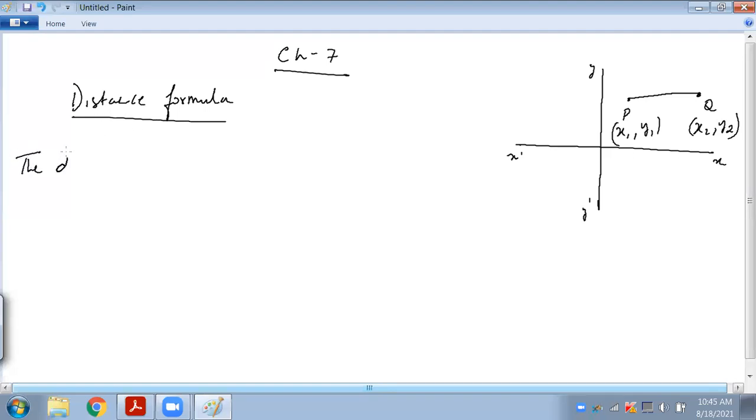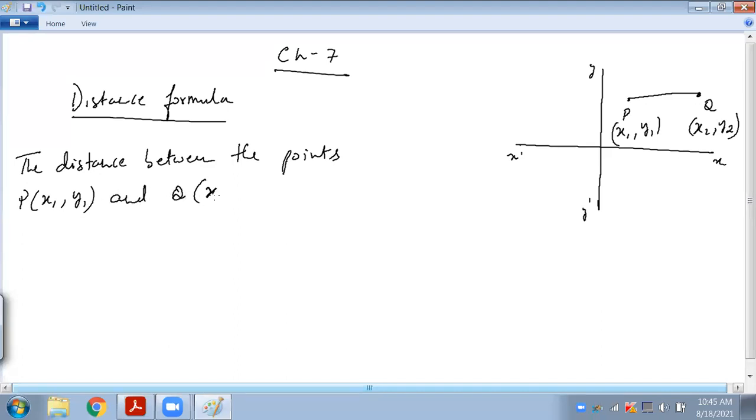The distance between the points P (x1, y1) and Q (x2, y2) is PQ, and it is equal to what?